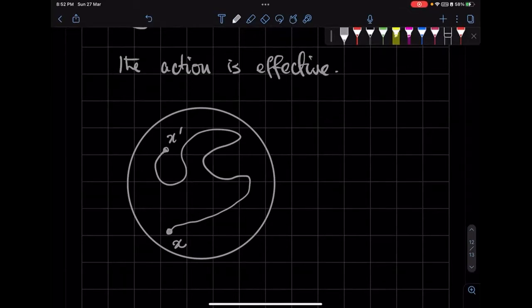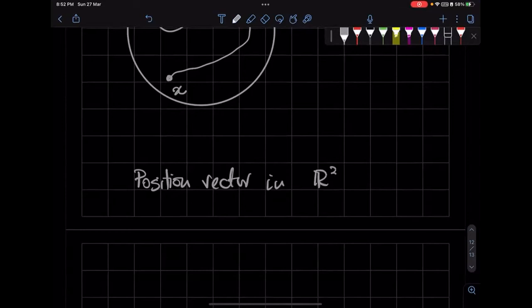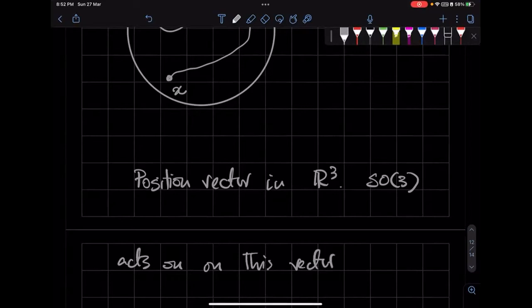Okay. So another way of thinking about it, suppose we have a position vector in R3. Now, if I apply all the elements of the group SO3, we go to all these other points and they form the whole two-sphere, right?